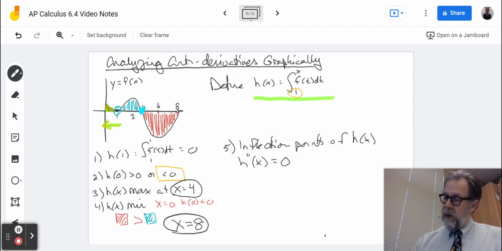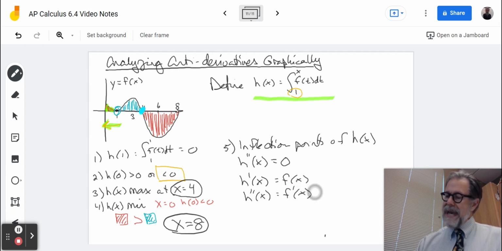So let's start with the first derivative. The fundamental theorem of calculus says that the first derivative of that is just the function. The second derivative, therefore, must be the derivative of the function, and I want to know where the original function has a derivative of 0.